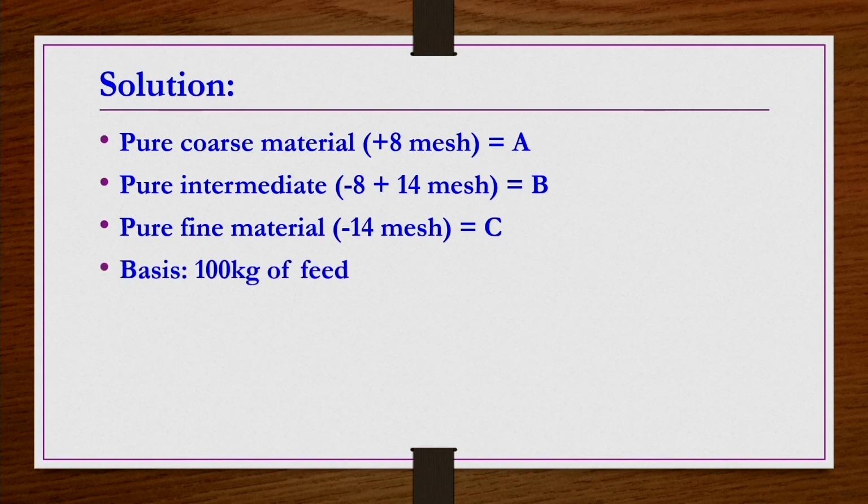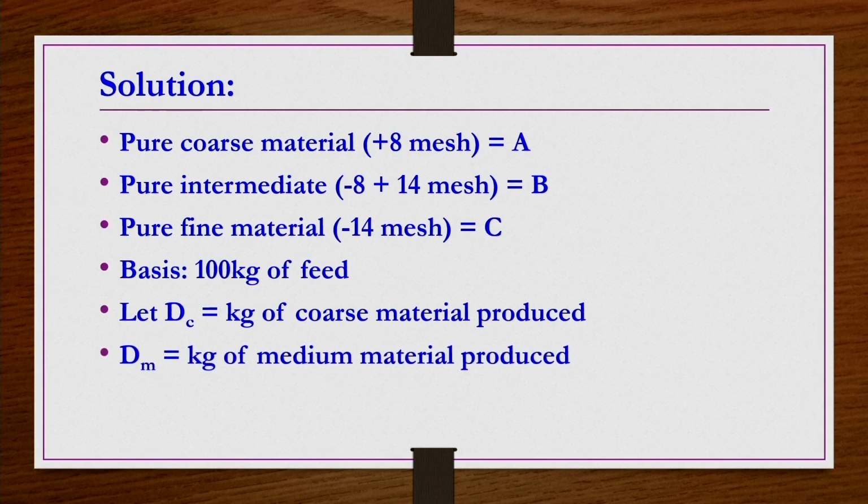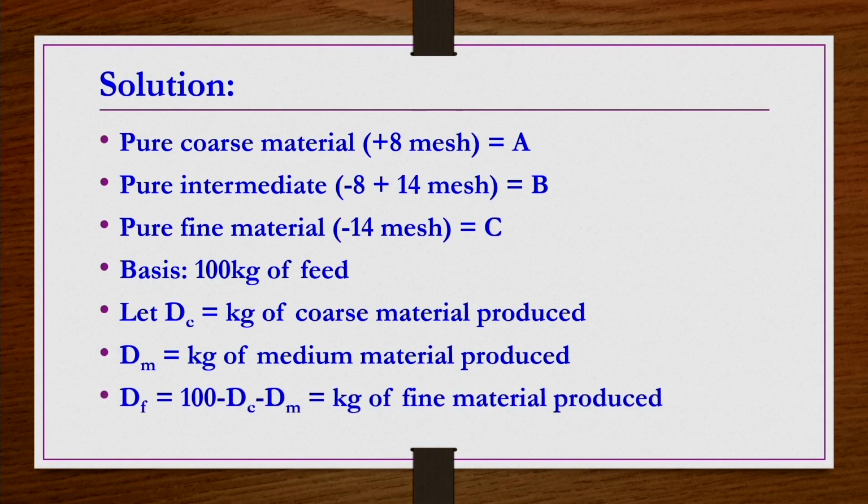Now, coming to the weights, take 100 kg of feed, then let DC be the coarse material produced. How many kgs of coarse material produced, that you take DC. How many kgs of medium material produced, that you take DM. How many kgs of fine material produced, that you take DF, which is nothing but 100 minus DC minus DM.